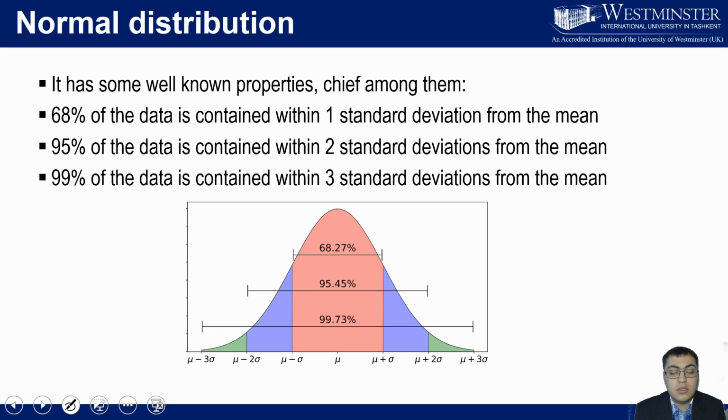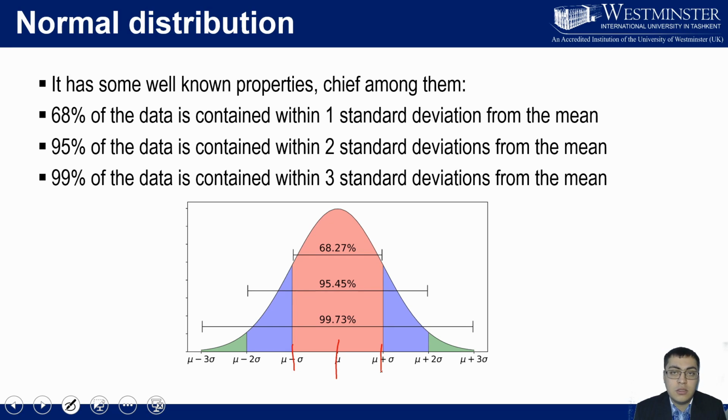The normal distribution, like I said, has a lot of well-known properties, but the most commonly used one is this one over here. So let's say you have a random variable or some amount of observations, and you have found its mean, which is over here. Then if you were to add and subtract one standard deviation from it, which is this part over here, then 68% of your data is going to be contained within it.